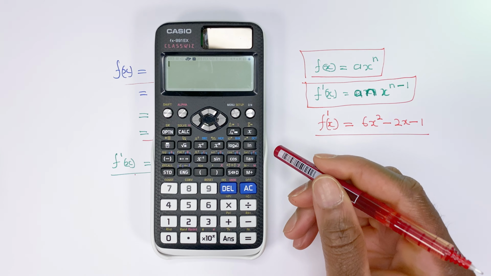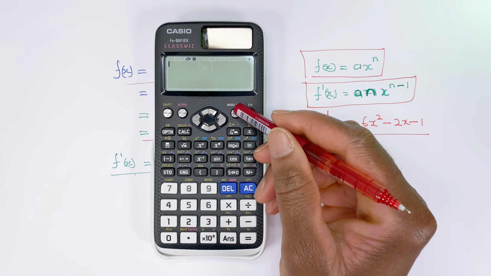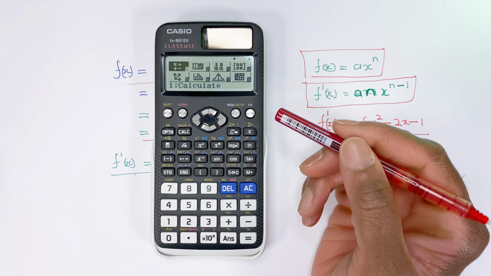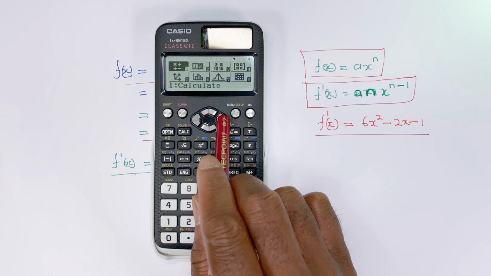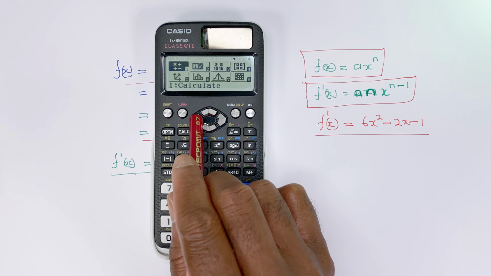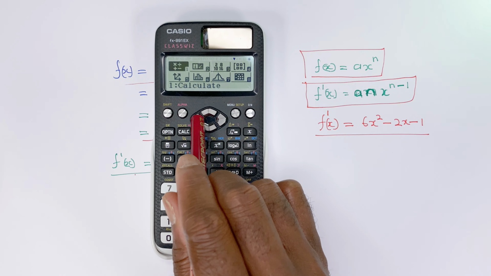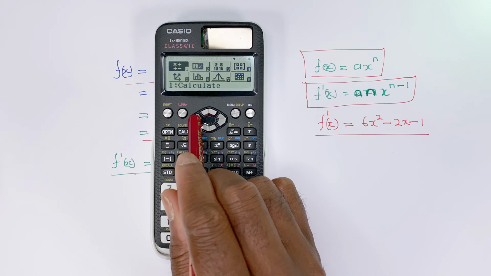Start your calculator and then press menu. When you press menu, you can press the arrow forward to A or press the arrow back. Because I'm going to A, the arrow back is quicker.